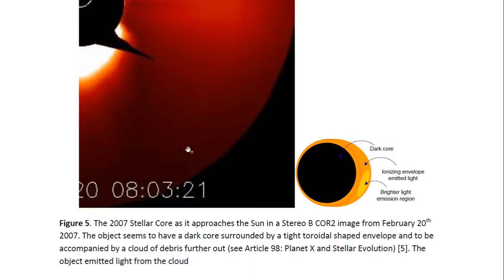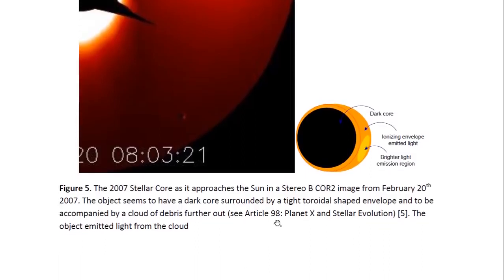And I called it an ionizing envelope because it emitted light from this cloud layer or atmosphere, toroidal-shaped atmosphere around it, which was somewhat in this shape. It seemed to emit more light on this side, which was facing away from the sun, than on the other side. There was a bright spot there. And for more details, you may look at Article 98 entitled Planet X and Stellar Evolution.